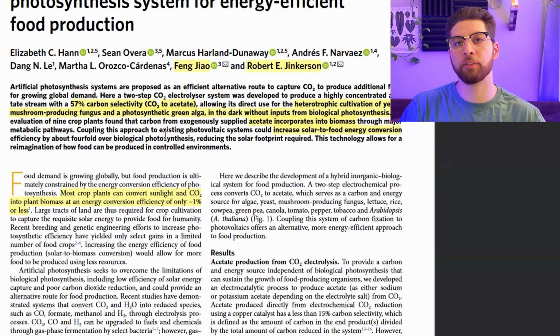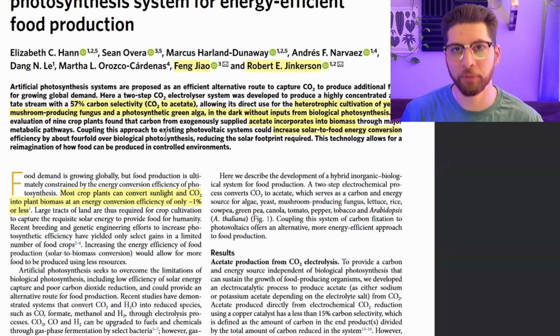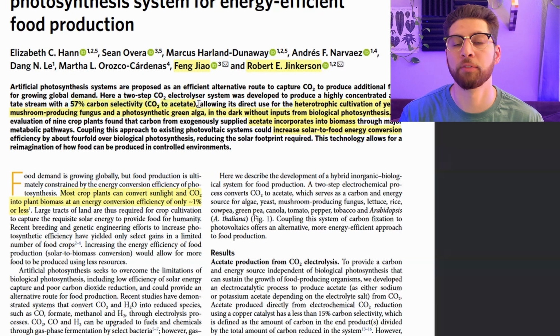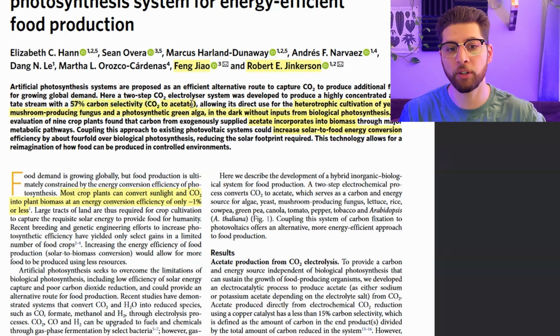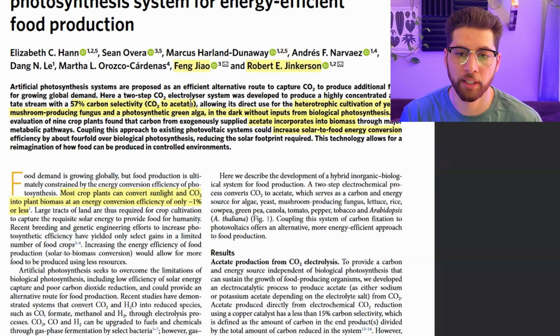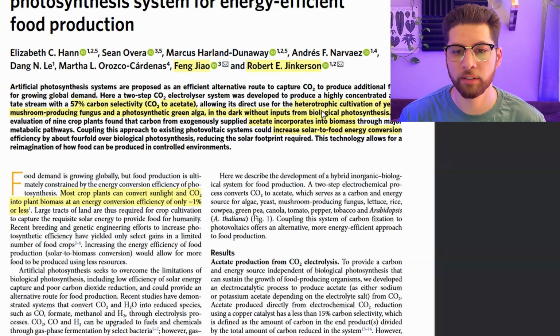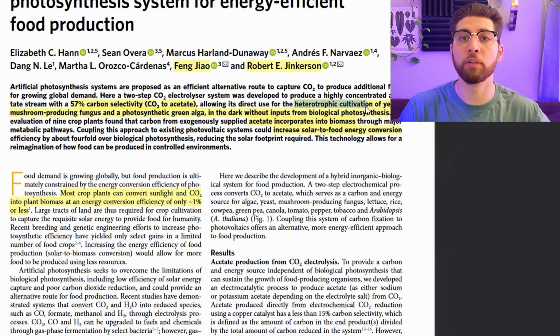They've tried a bunch of different catalysts and different reaction conditions, and they've come up with this method that has 57% carbon selectivity to acetate. So 57% of the carbons from the carbon dioxide end up assimilating into acetate, which is fantastic. Then we can feed this acetate to other organisms that can be food for us.